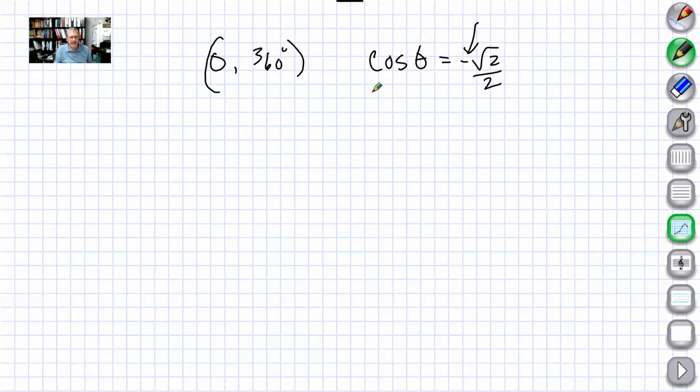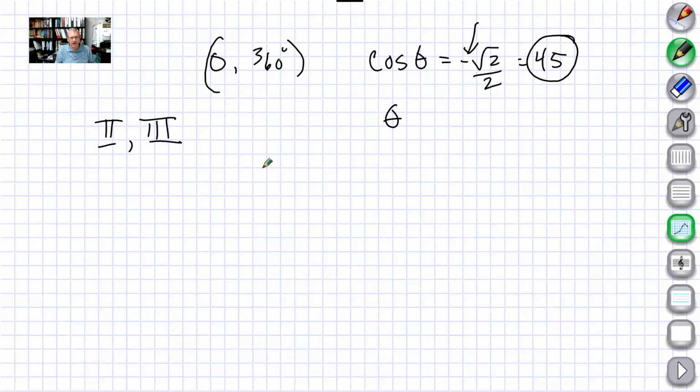The cosine is negative in the second quadrant and the third. So we're looking for angles in the second and third. Radical 2 over 2 is going to be a 45-degree angle, but that's in the first quadrant. That's not our angle.